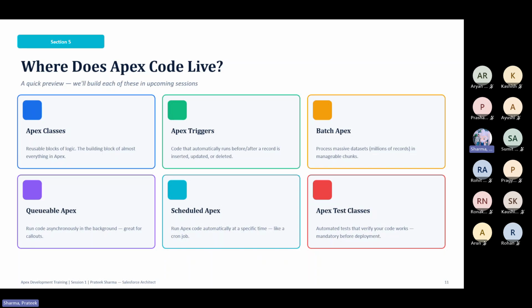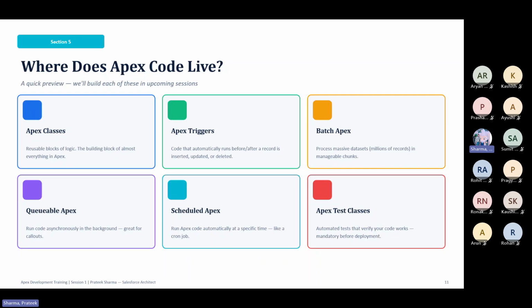Then we have Batch Apex that I have discussed with you. These are just to process millions of records in batches in Salesforce. So you can write your complex logic, you can run your data or update your data in simple batches, right? So Batch Apex is also a type in which you will write Apex code.